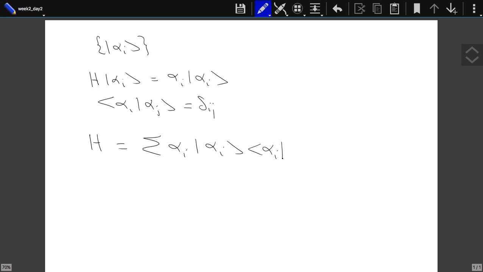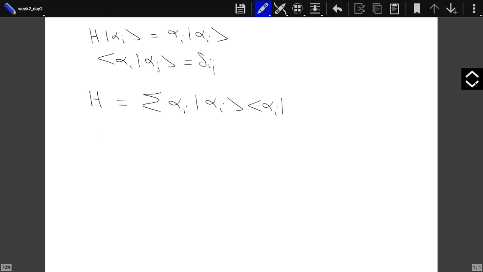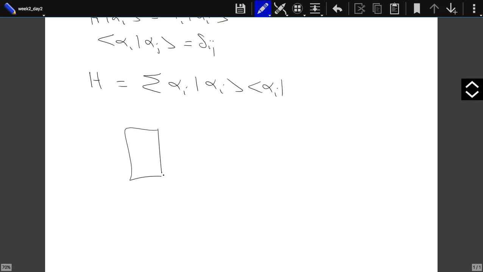In particular, we applied it to our Stern-Gerlach experiment, and that is the Z component of the spin. If you remember, in the Stern-Gerlach experiment, basically the silver atoms are split into two.